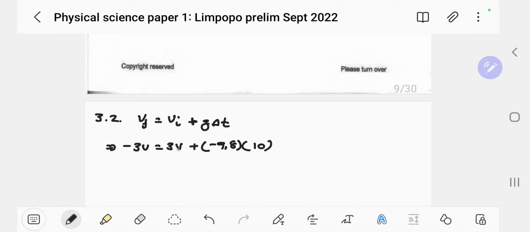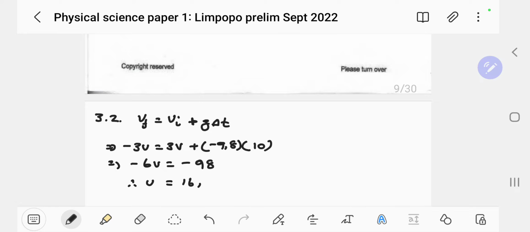Now we can already see that we have to transpose that to this side, so we get minus 6v is equal to minus, 10 times 9,8, which is of course 98. Therefore v is minus 98 divided by 6, which is 16,33.